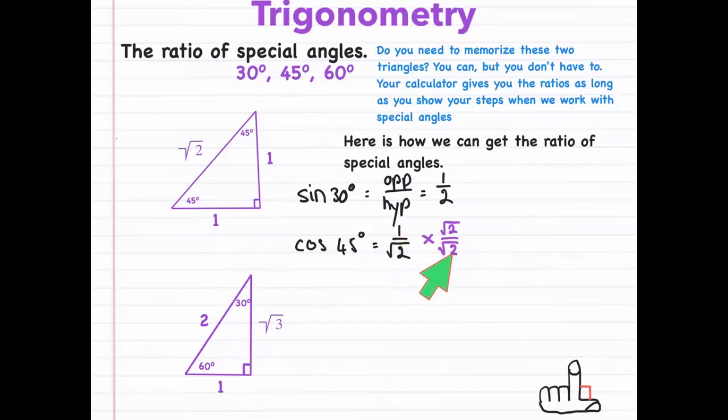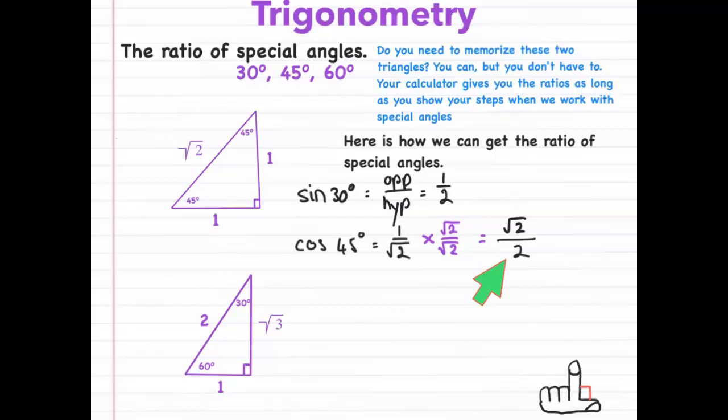And that times 1 is still this, but we're just writing its equivalent. So we take this denominator and use it as the numerator and denominator of a new fraction, and we multiply. So then we end up with square root of 2, and what do we get if we take the square root of 2 times the square root of 2? We get 2. Okay, so there we go.